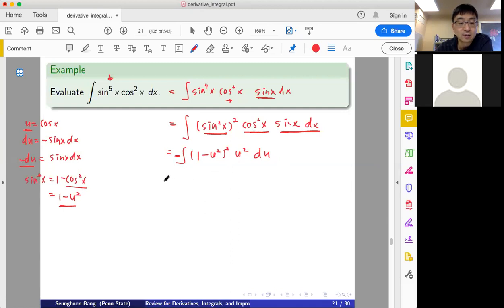You have to expand using the foil rule. 1 minus u squared times 1 minus u squared gives 1 minus 2 u squared plus u to the 4th, times u squared du.